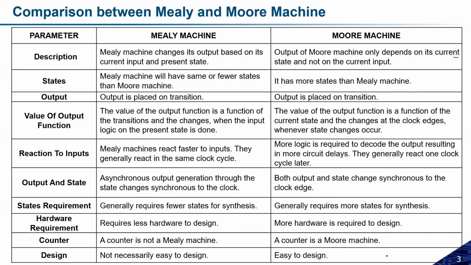It's not that important, but if you want to know the difference between these two, you can go ahead with it. The Moore models are easy to design, but the Mealy models are not necessarily easy to design. So the complexity of the Moore model is less as compared to the Mealy model. We will come up with some examples, then you will get to know how it works.